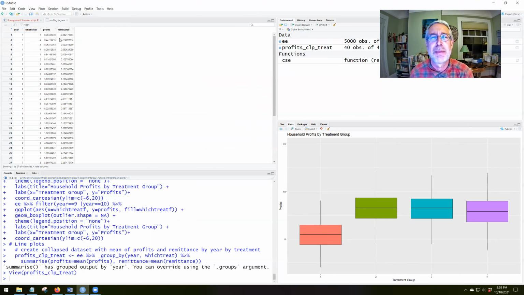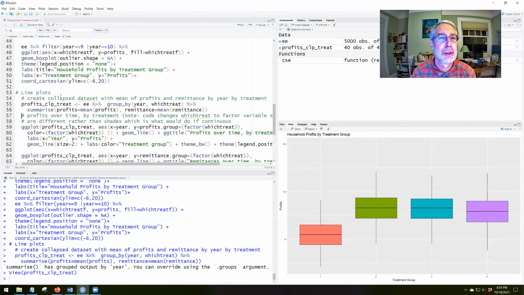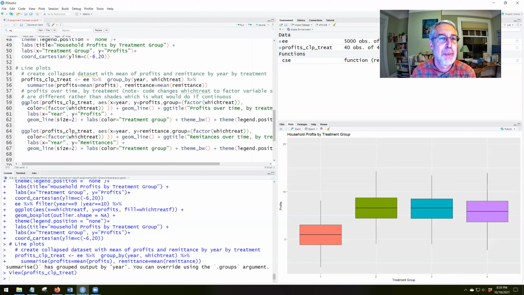I don't remember whether it's even, but let's say it's even, 125 people per group per year. So this is the average of those 125 people in that group for that year. I don't remember exactly what the data structure is. So that's the mean levels by year, and now we can put them on a plot.